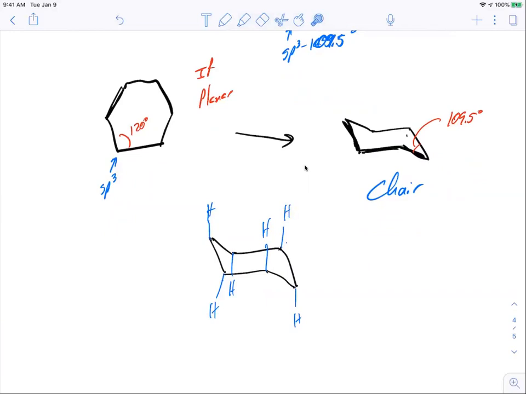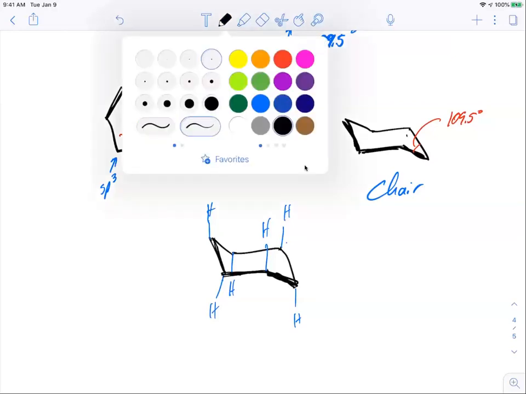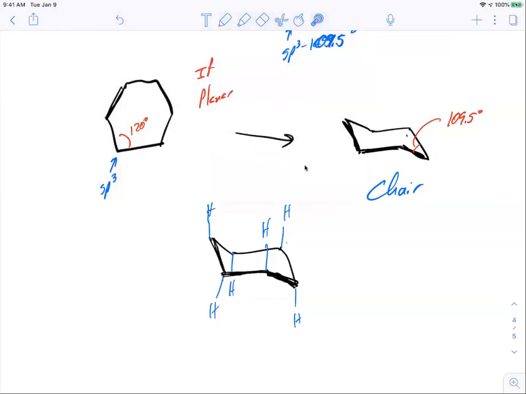Again, same thing here. If we look at this one and that one, again, we see them. And let me put this a little bit darker. Sometimes when you draw these, they kind of look like optical illusions because the front and the back start to invert. So if you draw the front one a little darker, then it'll help. And then here again, we see this hydrogen and these hydrogens are anti to each other. So they're all anti. So we've drawn a conformation where we have all of the hydrogens anti to each other.